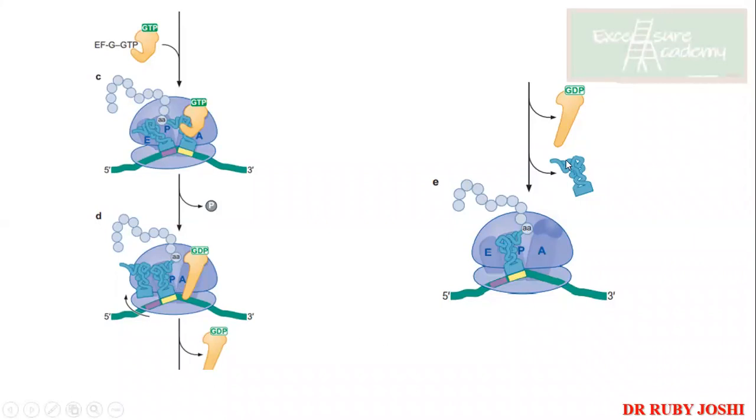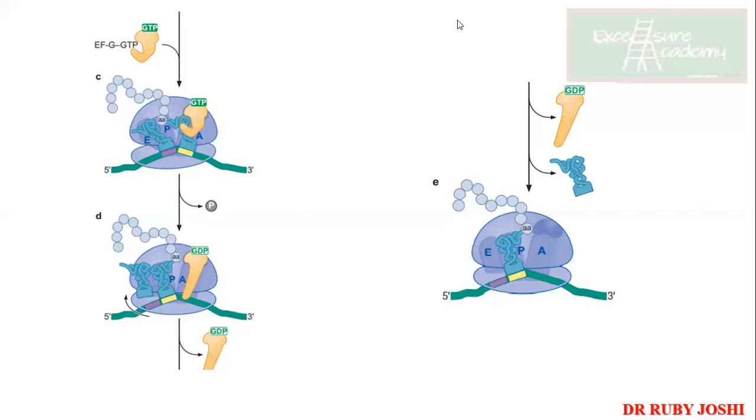After hydrolysis, the elongation factor G has got less affinity, so it is going to get removed from here, and your initial tRNA is also getting removed. Now this is ready for another round of amino acids. So another charged aminoacyl tRNA will come, sit with the help of the EF2, and with the help of the EFG, it will be shifted again here. Now if you see, that is what they have located in the mRNA case also.